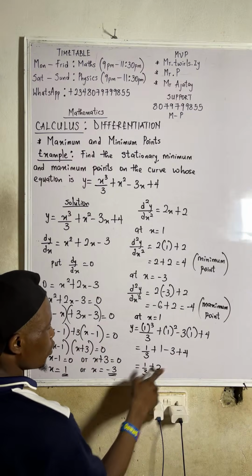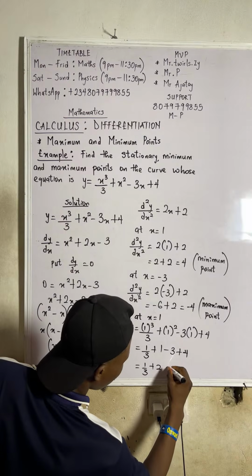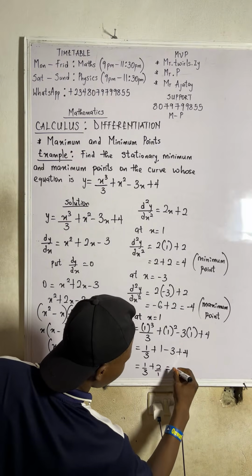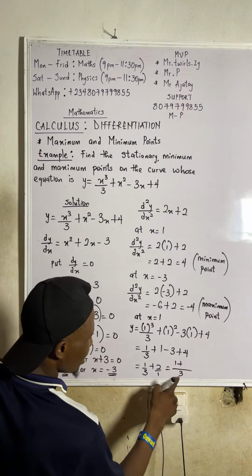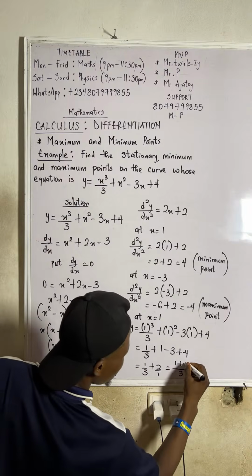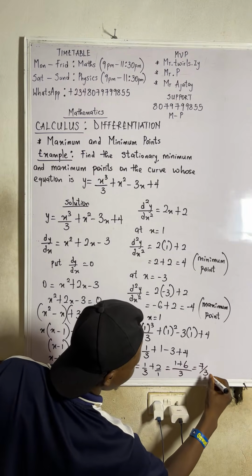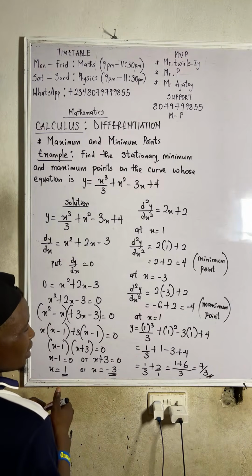Minus 2 plus 4 will give us plus 2. So we have 1 over 3 plus 2. When you do the LCM, the LCM is 3. 3 in 3 is 1, 1 times 1 is 1. Then 3 times 2 is 6. So that gives us 7 over 3.